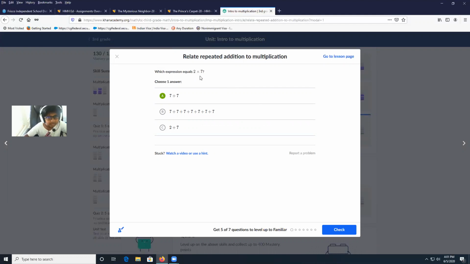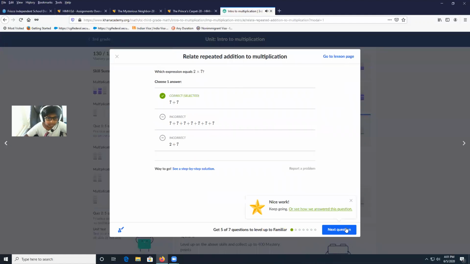So it's 7 plus 7, because 2 times 7 is like 7 repeating itself 2 times. The first time is the 7 as I highlighted, then the second 7 is that.